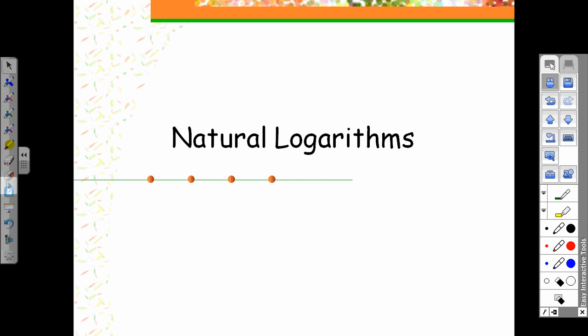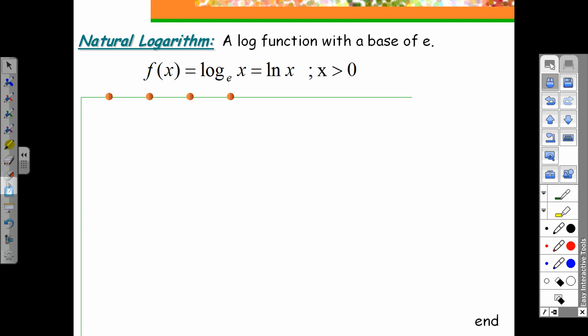Okay, so really quickly, what is a natural logarithm? Well, a natural logarithm coincides with the natural base. It is a log whose base is e. We talked about e in the last section, right? Now, because the natural log is found in so many different places in the world, nature, just anything in science, they shorthand it to ln, which you would think would be log n, natural log, it's just backwards.